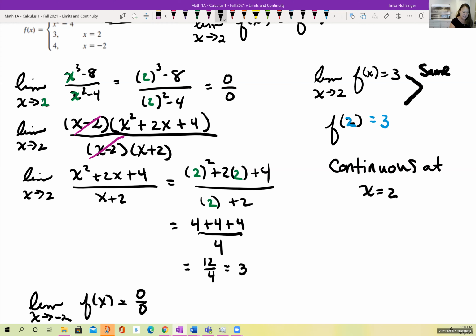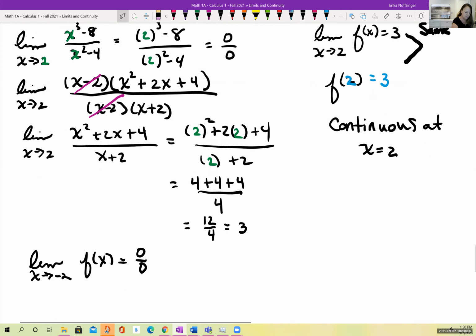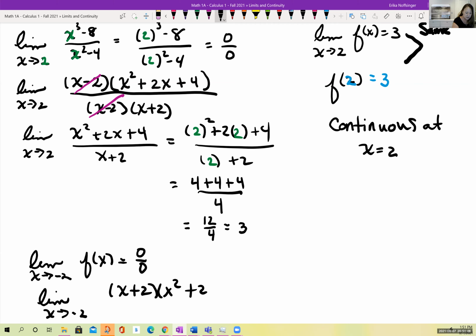So that's where we had to factor. We already did all that work before. So we saw that the numerator factored as x minus 2 all times x squared plus 2x plus 4. And the denominator was a difference of squares that factored as x minus 2 times x plus 2.